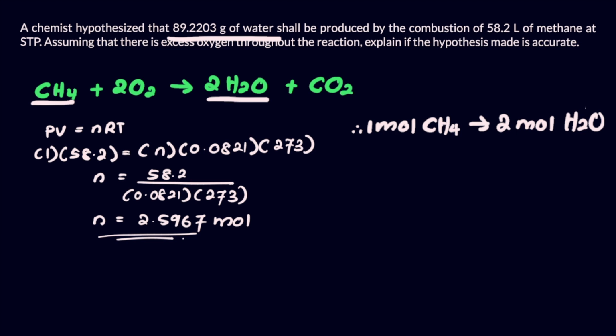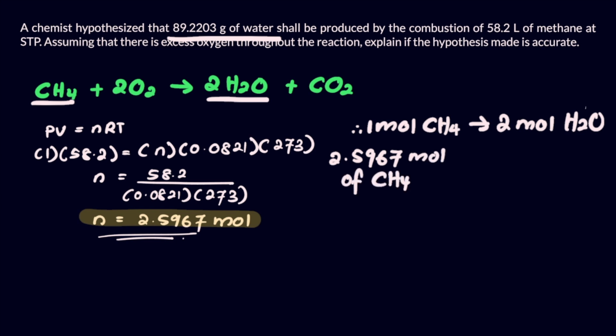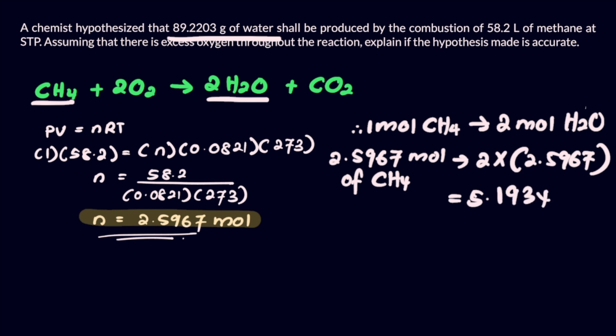So from our calculation, we have this much of methane. So 2.5967 mole of methane should produce 2 times 2.5967. So this is equivalent to 5.1934 mole of water. Right.